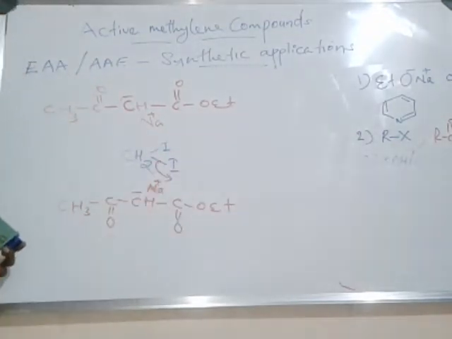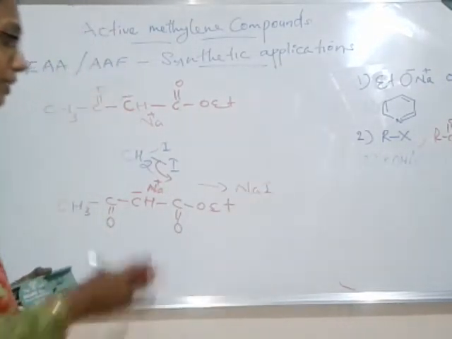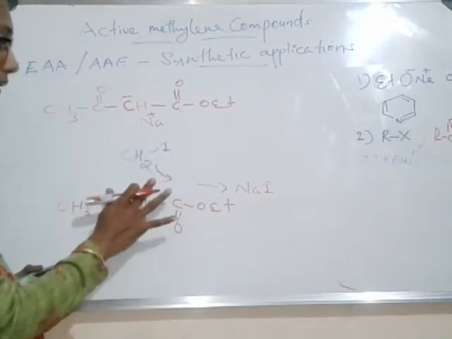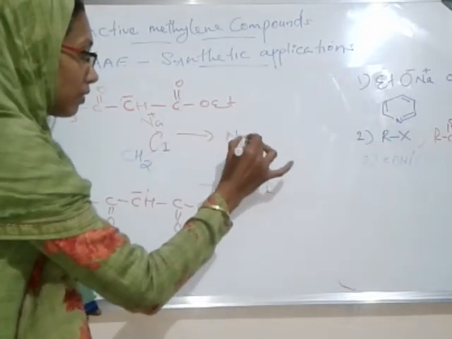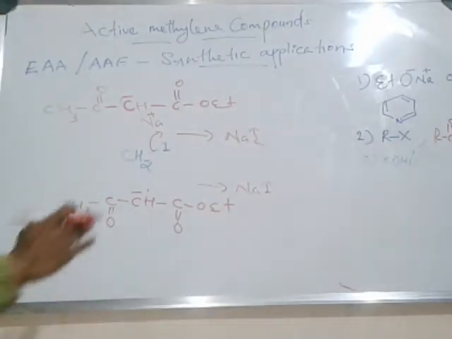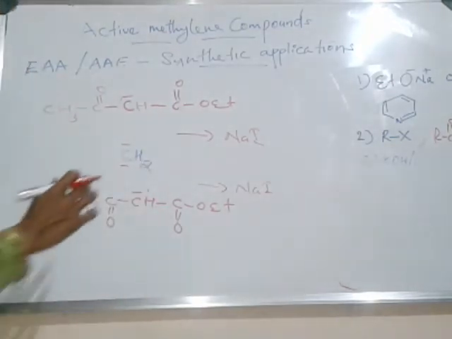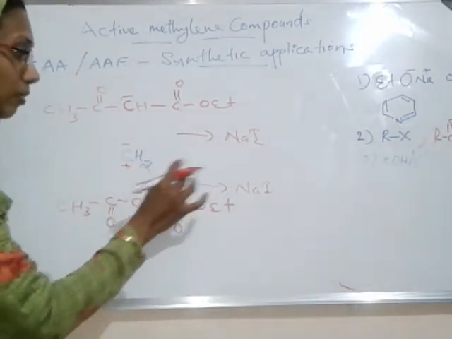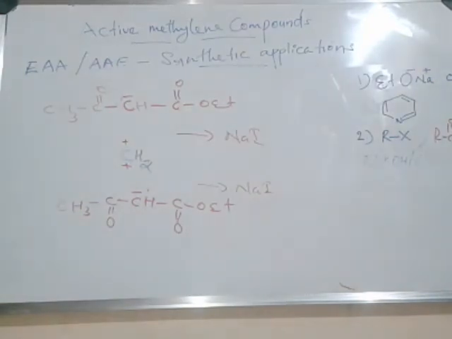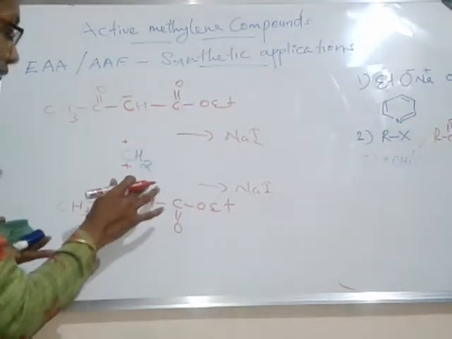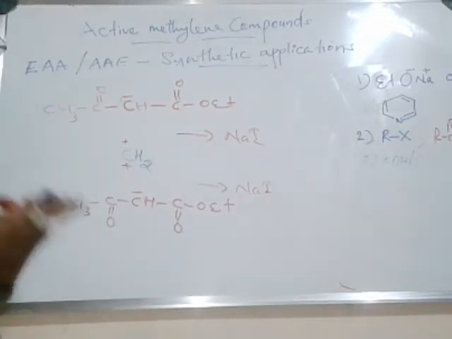This sodium and iodine form sodium iodide, and this sodium and iodine form another molecule of sodium iodide. The carbon, with the removal of two iodines, has two positive charges, that means it has two orbitals without electrons.